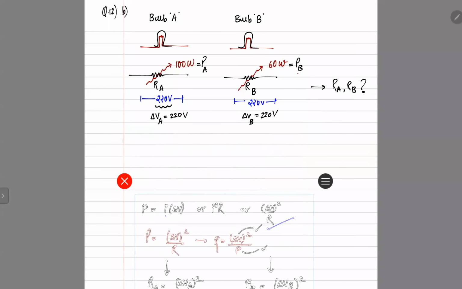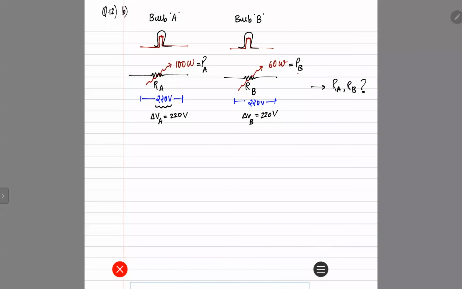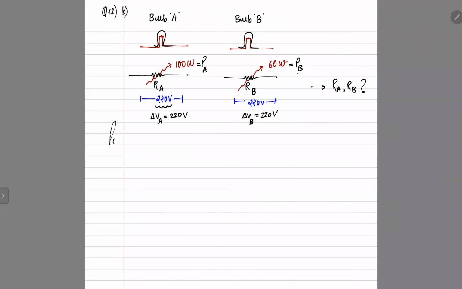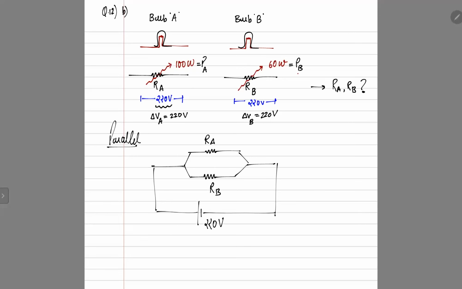इसके बारे में हम थोड़ा रुक करके बात करते हैं, ठीक है? Since you have mentioned कि हम शॉर्टकट में कैसे कर सकते हैं इस क्वेश्चन को, हम कर सकते हैं इस क्वेश्चन को शॉर्टकट में. ध्यान से देखना. See now, if they are connected in parallel, अगर आप इसको parallel में connect कर देंगे, then in parallel this will look like this, RA, RB, and this will be connected to, let's say, 220 voltage ऐसे.